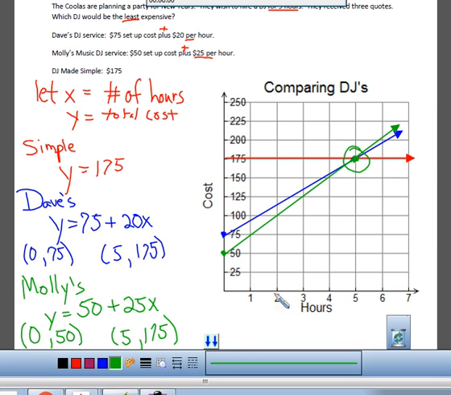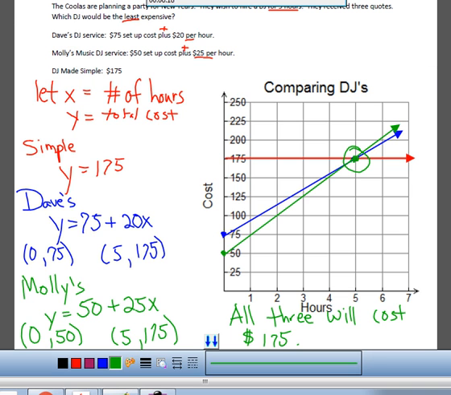So the answer to that question is all 3 will cost $175. So it doesn't matter who they go with. Maybe one of them's a friend, so they go with a friend. Now, the graphing was nice, but we'll be doing a lot more with substitution for this.